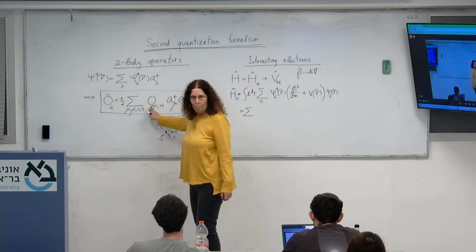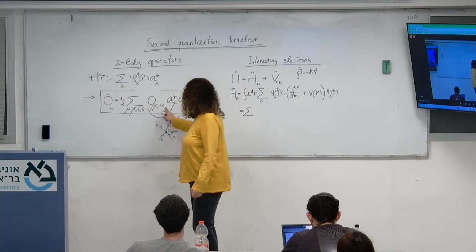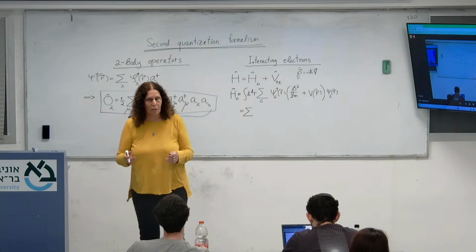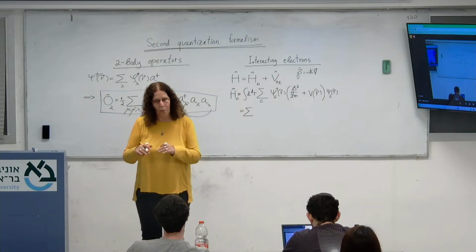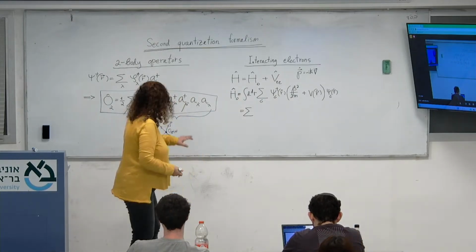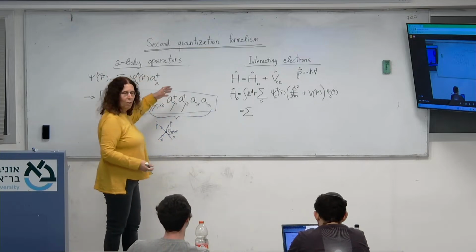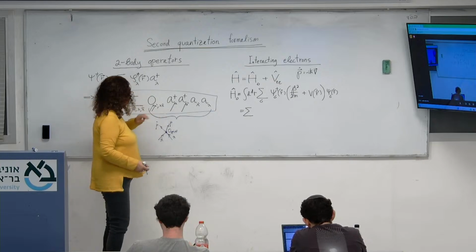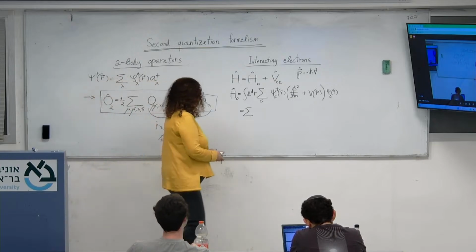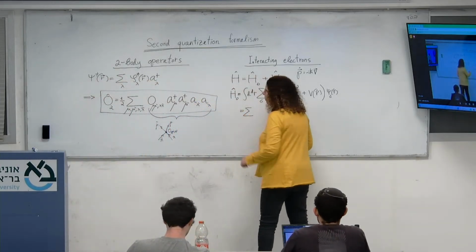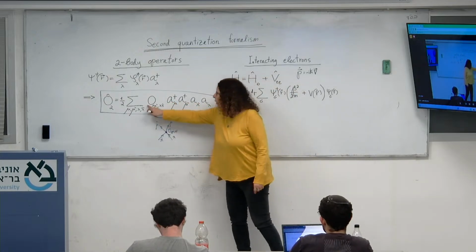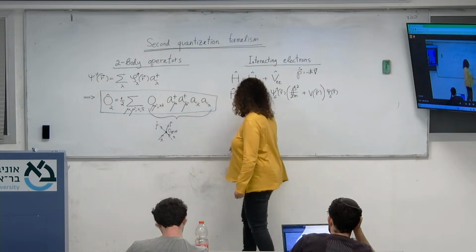Maybe the matrix elements will be such that I will get 0 if the lambdas are very different. Or I have some rules that relate to them. We'll see an example for that, but generally it will be complicated. It will have this form, and we have to calculate what the matrix elements are.